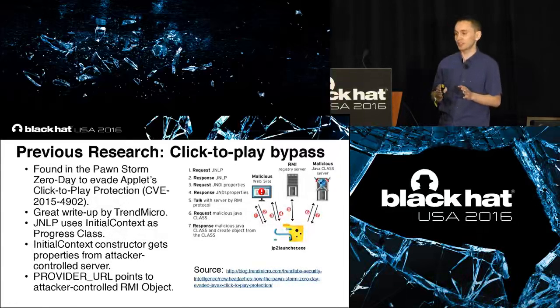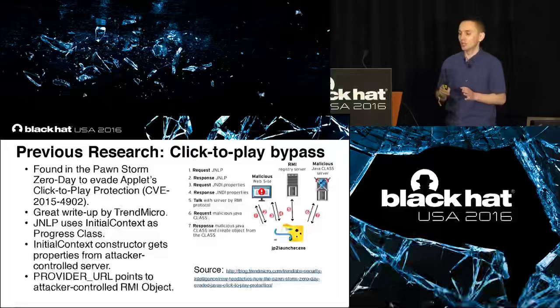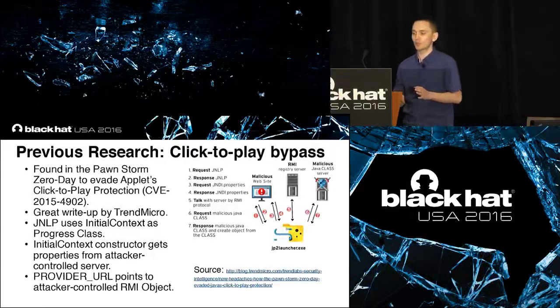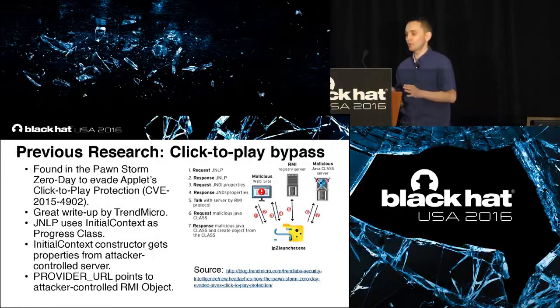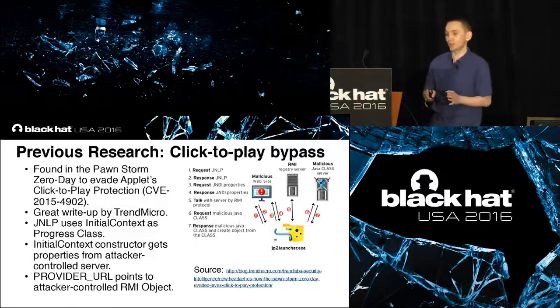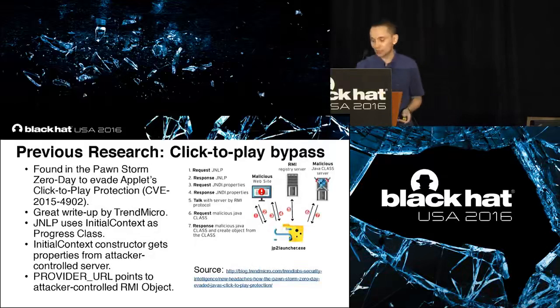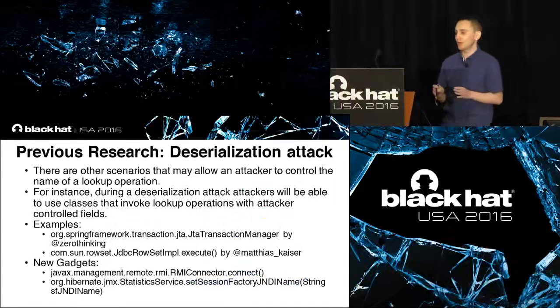The RMI server sends a JNDI reference, and the victim JVM will ask our server to provide the factory class. The attacker is able to put any Java code in the constructor of this factory class, and it will be executed on the victim's machine.